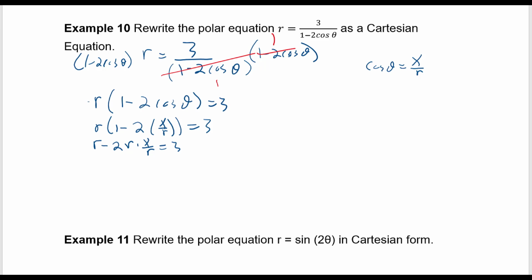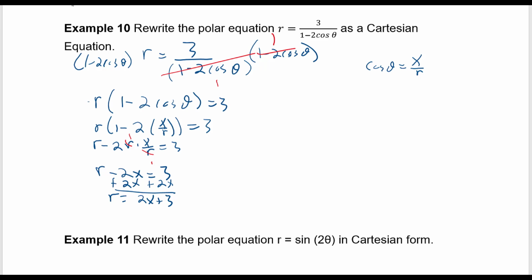And these r's will divide out. So we have r minus 2x equals 3. Now, if I add 2x to both sides, and I have a reason for this, you'll see in a moment, r equals 2x plus 3.